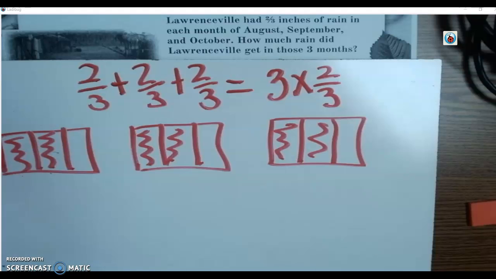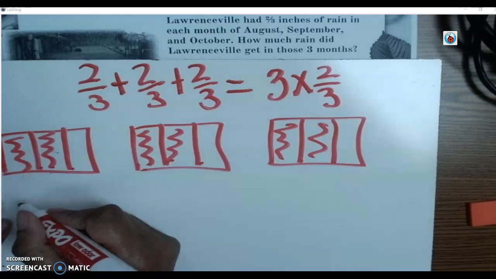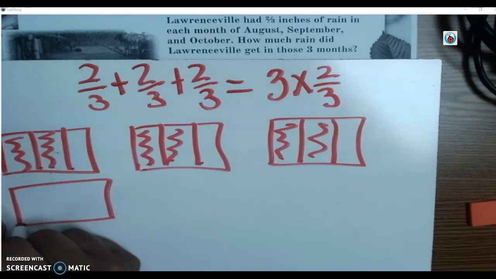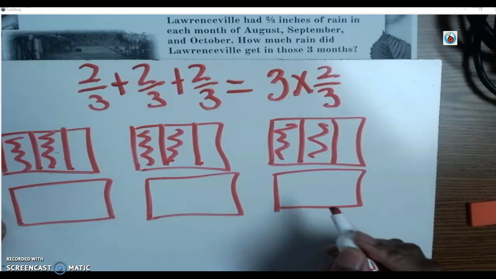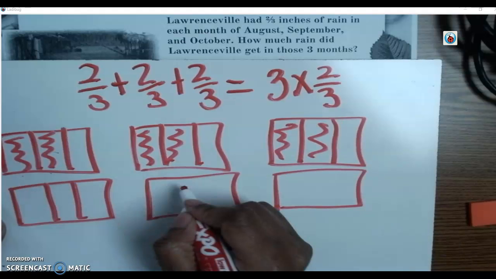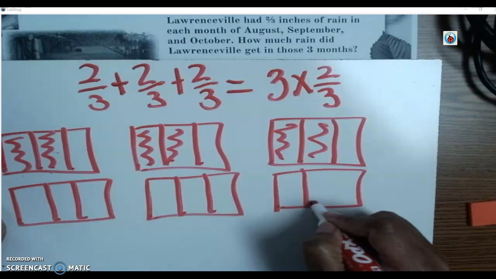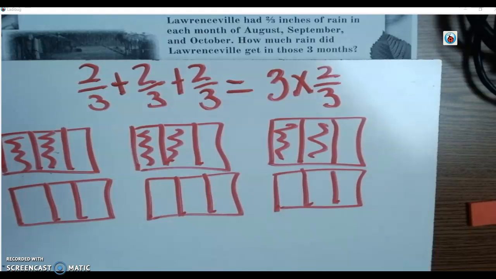So I'm going to create my 3 rectangles again. And instead of leaving a space, I'm actually going to keep them all close together.